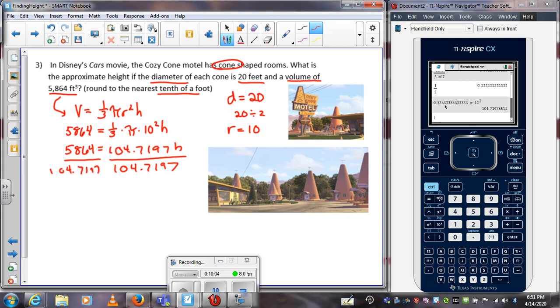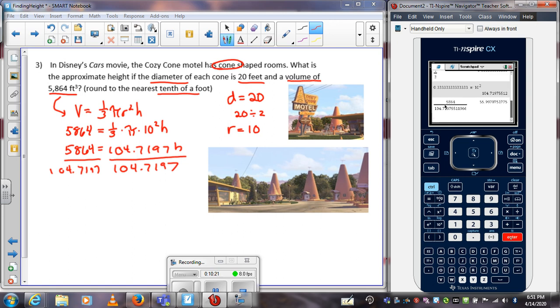And on my calculator, because I haven't hit anything, I'm going to hit the 5,864 divided by, and I'm going to use the answer function. Unless you're fine with retyping it, you can. And I'm getting approximately 55.99, round to the nearest tenth of a foot.